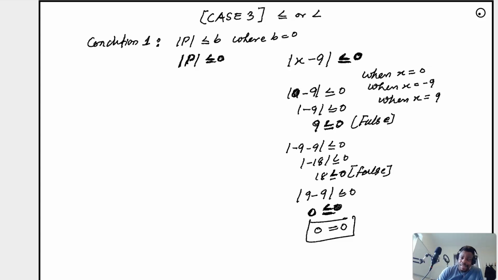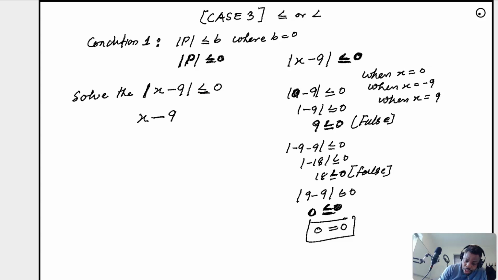So here, I'm going to give you an example just to explain that. If you're asked to solve something like this now: the modulus of x minus 9 less or equals to 0. Okay, we have to solve this. So what I would do here is I will say x is equal to 9.